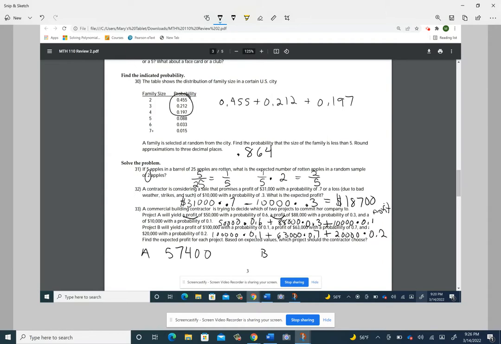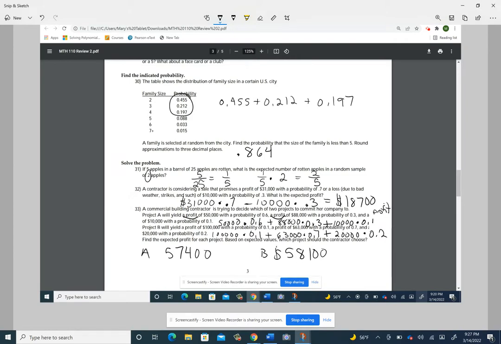But again, if the word had been loss, I would have subtracted. 100,000 times 0.1 plus 63,000 times 0.7 plus 20,000 times 0.2. Okay, so for that one, I'd get pretty similar, 58,100. Oops, just 1.